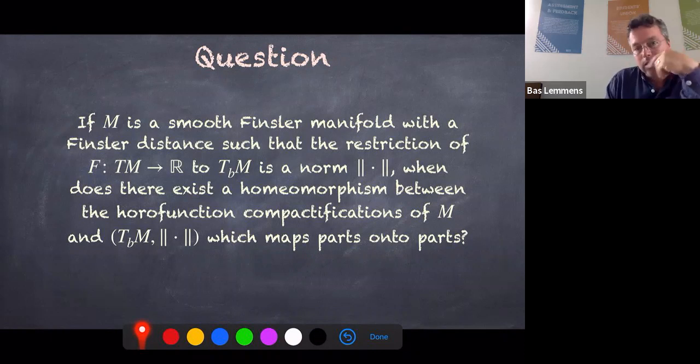No, I have a much more basic doubt, which is that the basic part of the question is a homeomorphism between the Horo function compactification of M itself and the closed dual ball, right? Yes. So now I'm not interested in the duality. I do understand why you're insisting on the duality, but in a finite dimensional space, any ball is simply connected.